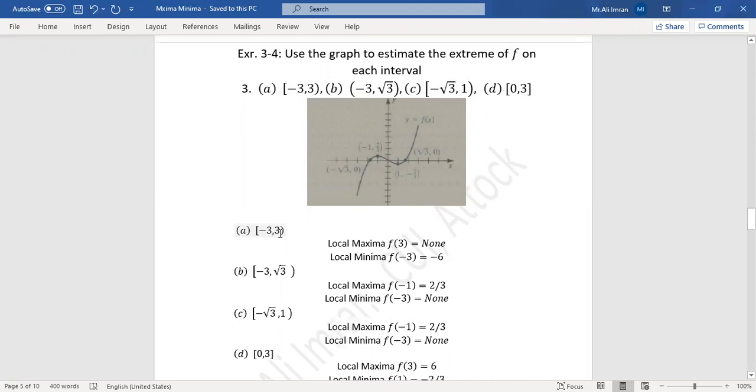Before doing this, I would like to tell you that we can find the local maximum or local minimum if it lies within the open interval. If the maximum or minimum value lies at the end of the open interval, then we cannot find the local maximum or local minimum.